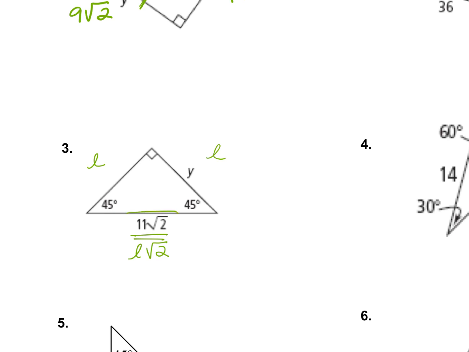Look at this setup. I'm saying L rad 2 is the same as 11 rad 2. What has to go here to equal this? 11. So this is 11, 11, and 11 rad 2.